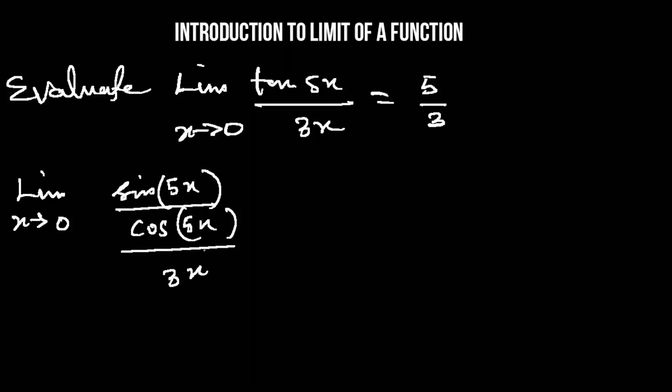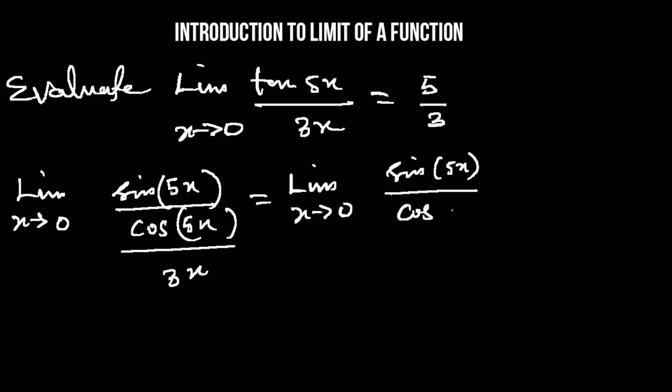So if I do this, how will I go further? To make this very easy for you, it's still very easy. Let me just rewrite this neatly. This is going to be the limit of sine of 5x divided by cos of 5x multiplied by 1 over 3x. I hope you understand this now.